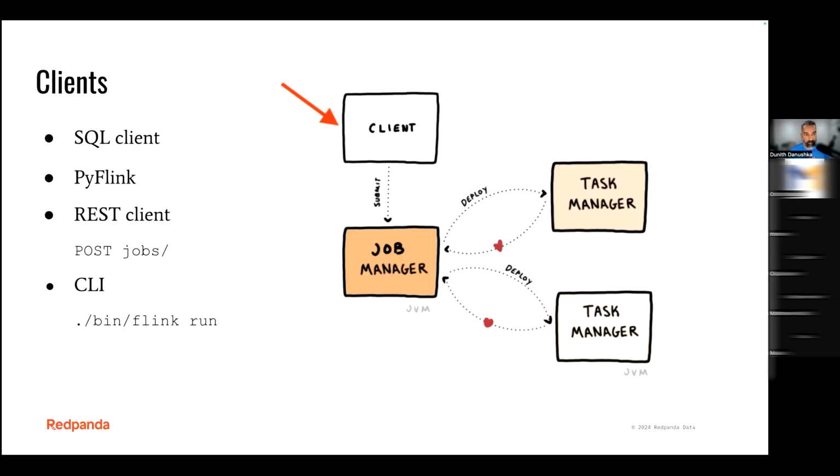For example, if you like declarative style SQL programming, you can use Flink SQL, which is a different application model that I'll cover shortly. If you like to write your application in Python, you can use PyFlink, write your application and submit it to the Flink cluster. And there are a few other options, like the CLI, to interact with your cluster as well.